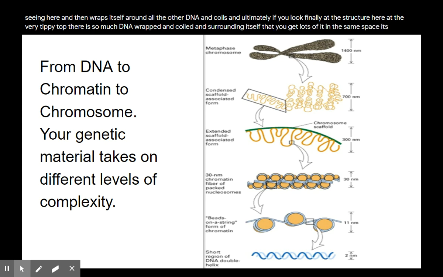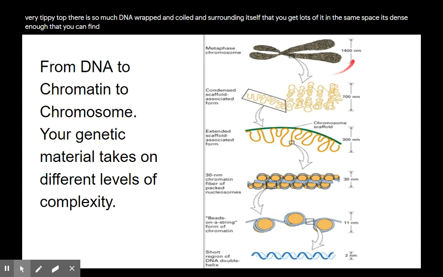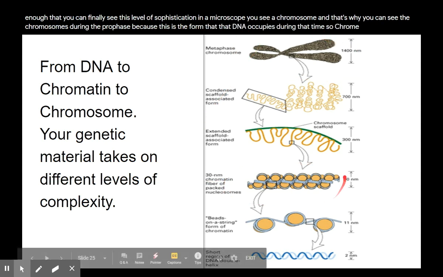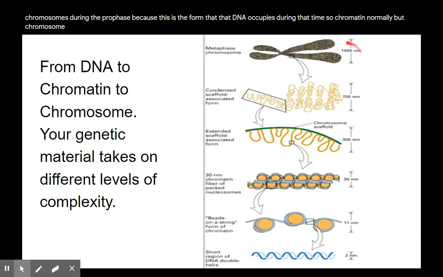It's dense enough that you can finally see this level of sophistication in a microscope. You see a chromosome, and that's why you can see the chromosomes during the prophase, because this is the form that DNA occupies during that time. So chromatin normally, but chromosome during the process of cell division.